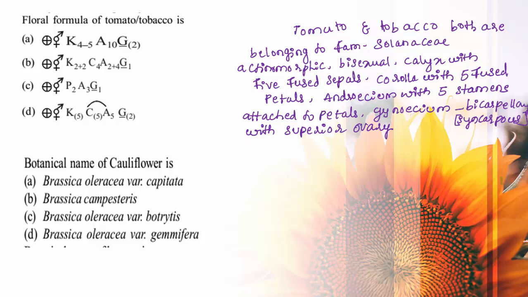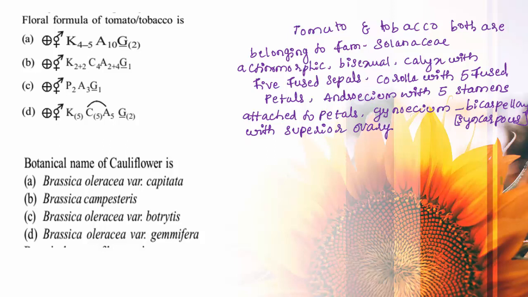In Solanaceae, the epipetalous stamens are present. Epipetalous, attachment of stamen to the petal. The filament of the stamen is attached to the petal, which is the main character of Solanaceae. The petals are fused to form corolla tube.